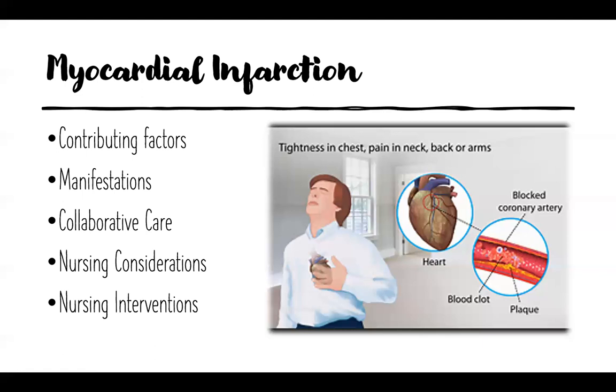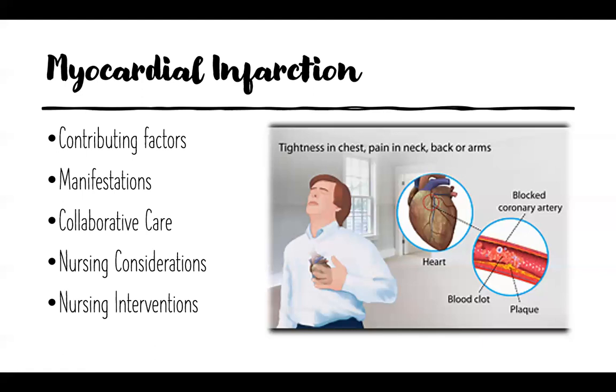So that's important to note that women, especially your diabetics as well, may present with different symptoms. Other manifestations of MI can also include diaphoresis, nausea, vomiting, anxiety, fear, vital sign changes like tachycardia, hypotension, dyspnea, dysrhythmias, right? So these are all things to look for in our patient that could be having an MI.